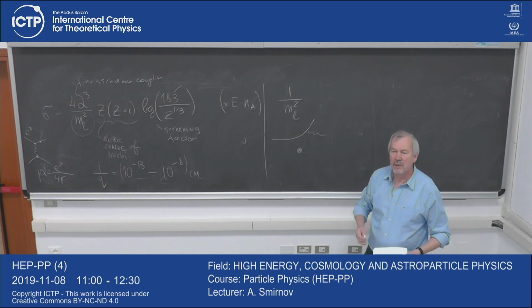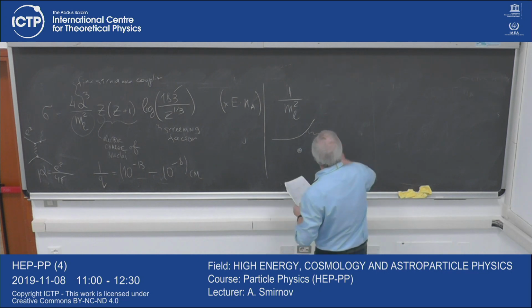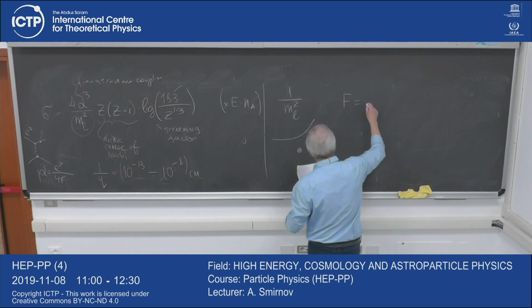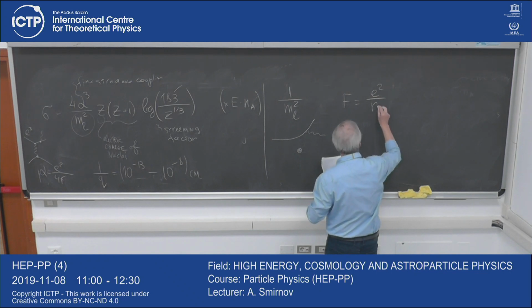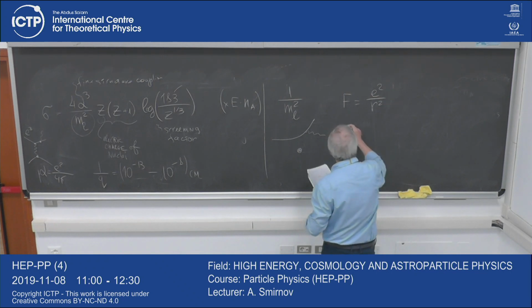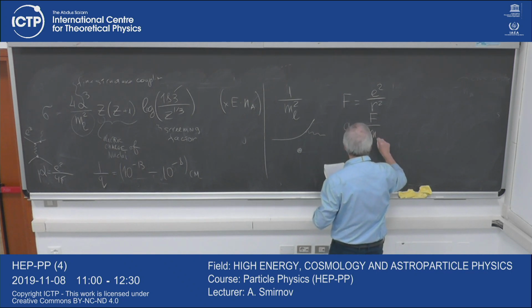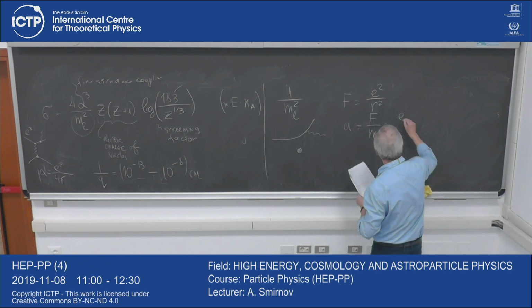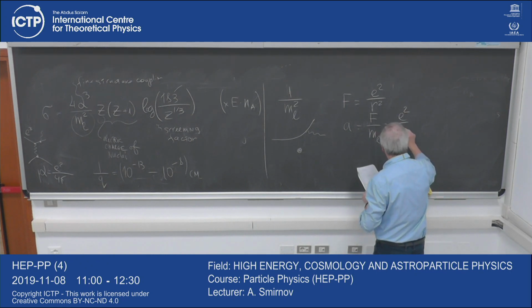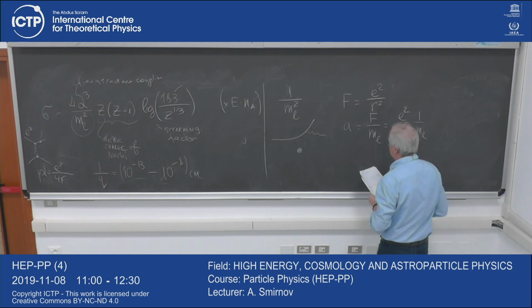Radiation is proportional at classical level to acceleration or deceleration of particles. So the force in this case is the charge squared over the radius squared. So acceleration is F over the mass of the particle, right? This means that this is e squared over r squared times 1 over the mass of the particle.